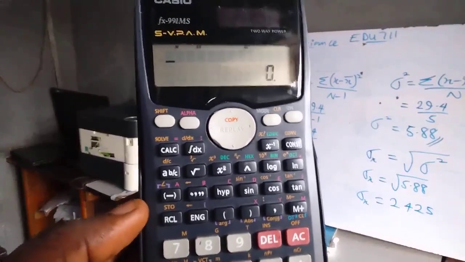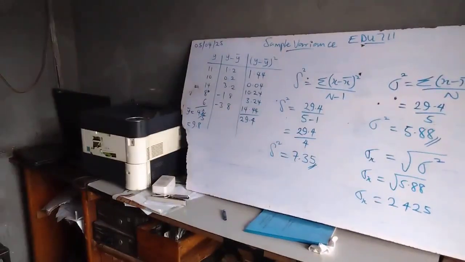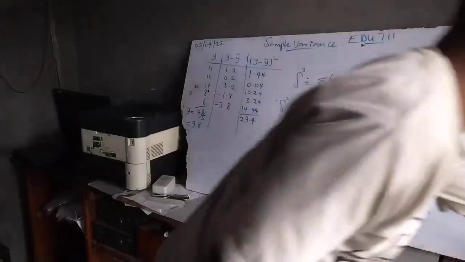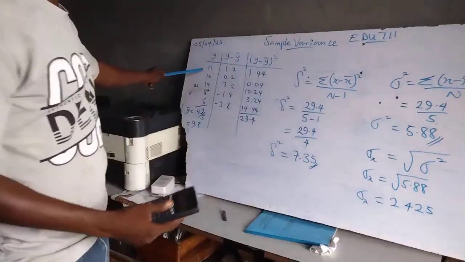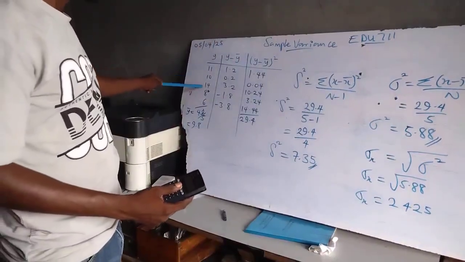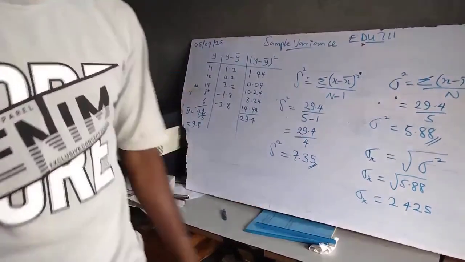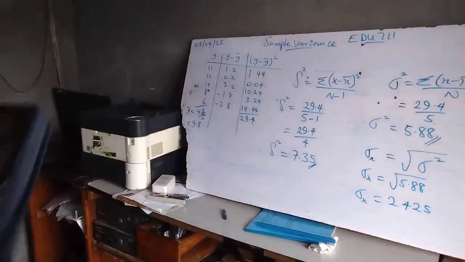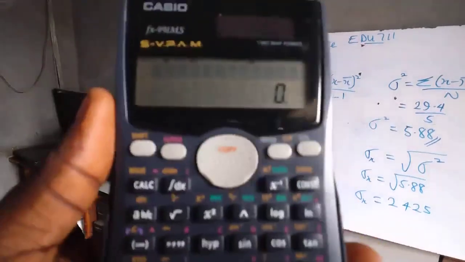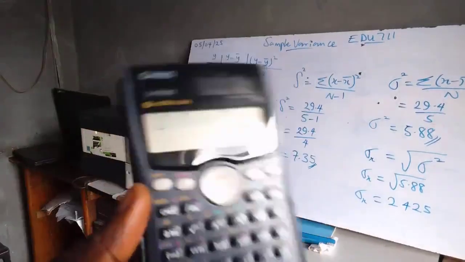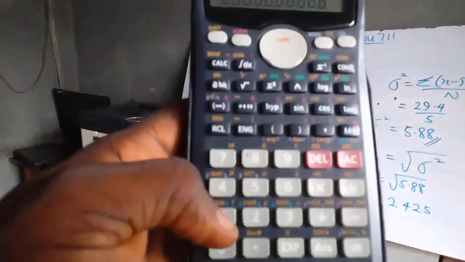Then we start to enter the values of our y over there. You can see we have the values of our y to be 11, 10, 14, 8 and 6. So we enter those values. To enter the values, you press the first value, which is 11.